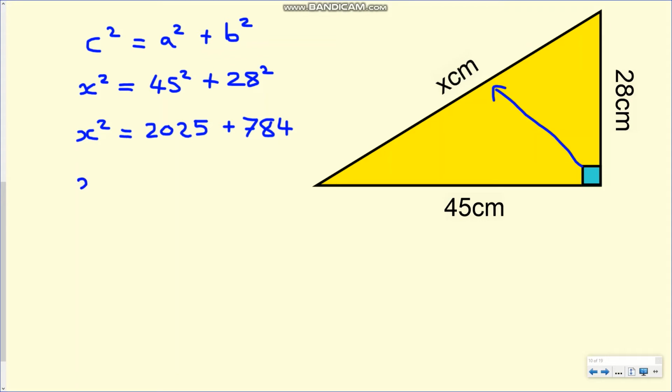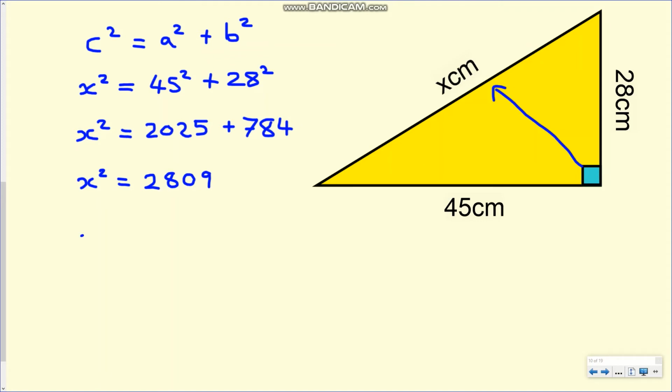That means when I add my two values together, I'm going to get 2,809. I get that by adding my 2025 to my 784. So I now have a single number for x squared.